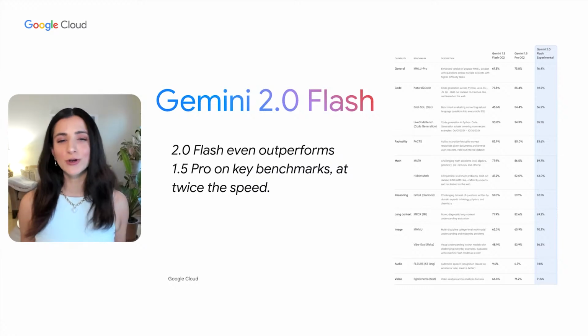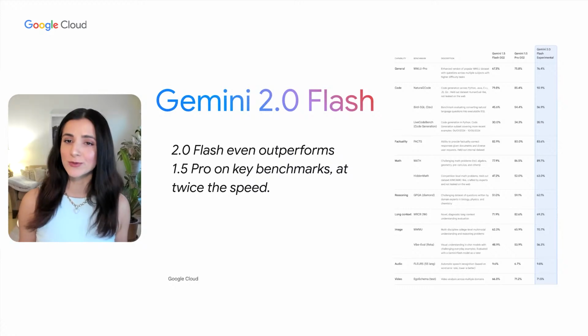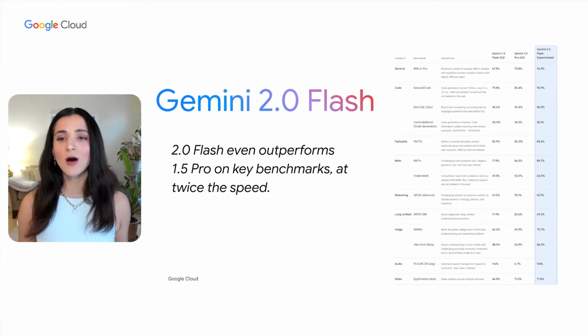Overall, with this 2.0 release, Gemini's core capabilities have been improved. That includes things like improved multimodal understanding, coding, complex instruction following, and function calling. If you were a user of Gemini 1.0, you can think of that 1.0 iteration as a tool for organizing and understanding information, while Gemini 2.0 is really all about making that information much more useful.